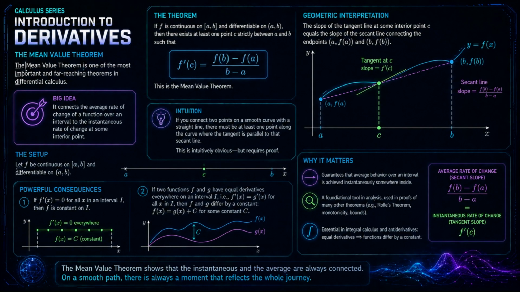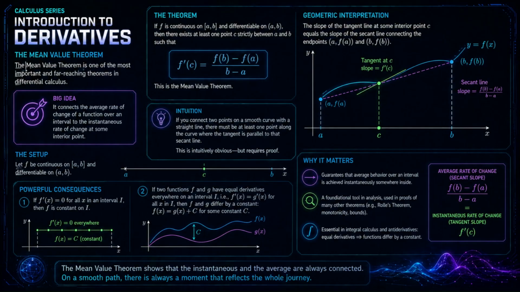The mean value theorem is one of the most important and far-reaching theorems in differential calculus. It connects the average rate of change of a function over an interval to the instantaneous rate of change at some interior point. The theorem states, if f is continuous on the closed interval from a to b and differentiable on the open interval from a to b, then there exists at least one point c strictly between a and b such that f prime of c equals the quantity f of b minus f of a divided by b minus a.